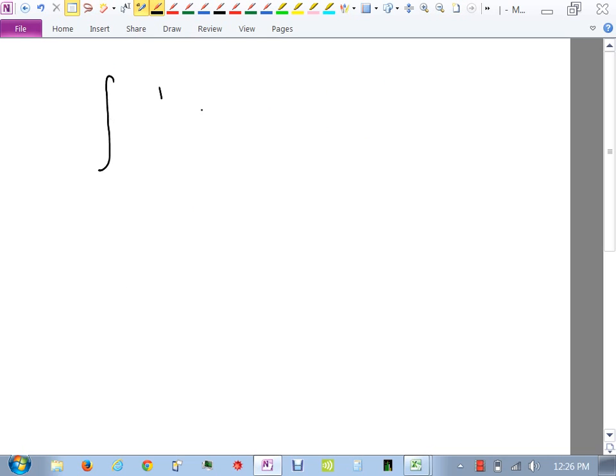I won't spend a whole lot of time on this. Look at that. This is not a basic substitution. You can't just do u is 1 plus x squared because there's no du there.